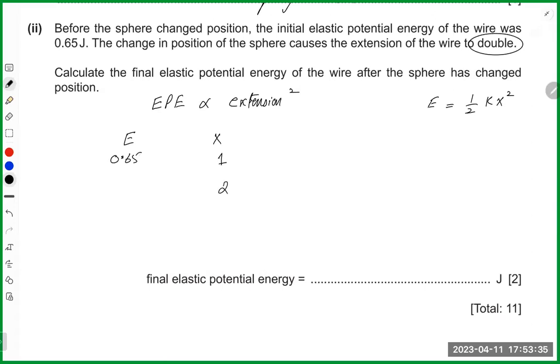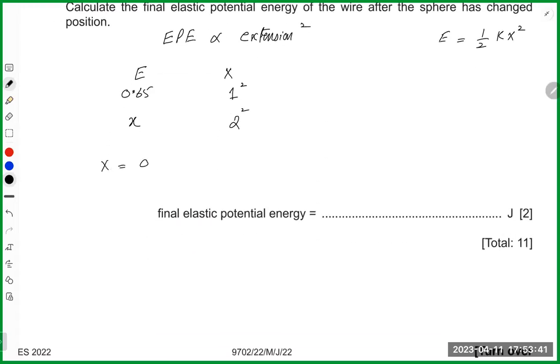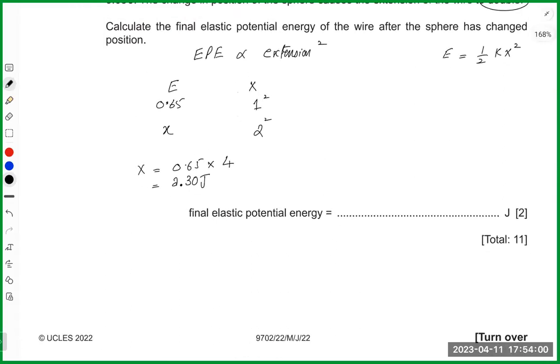If extension doubles, how much will this be? Remember, there are squares over here. So it equals 0.65 times 2 squared, which is 4. So it will be 2.60 joule.